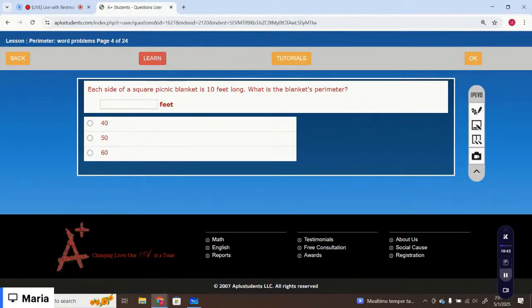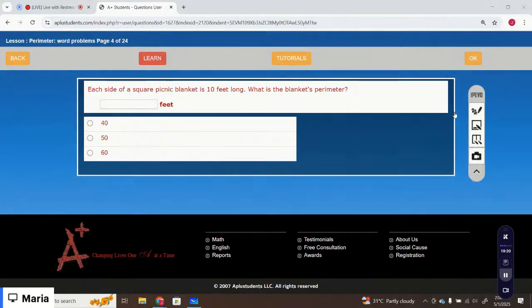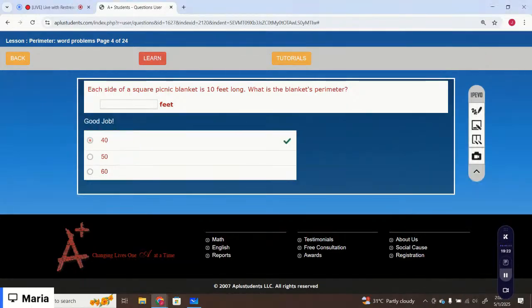A square has all four sides equal in measurement, right? So perimeter is the sum of all the four sides. So 10 plus 10 plus 10 plus 10. Very good. That is 40. Option number 1 is the correct option. 40 feet it is.